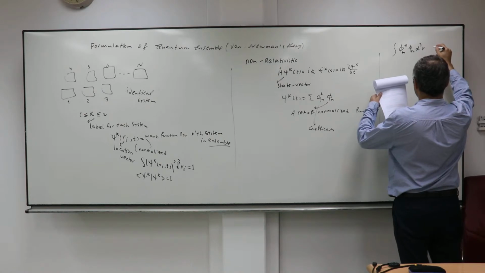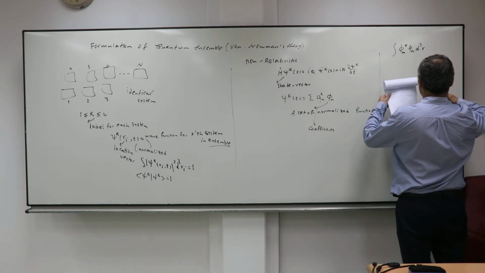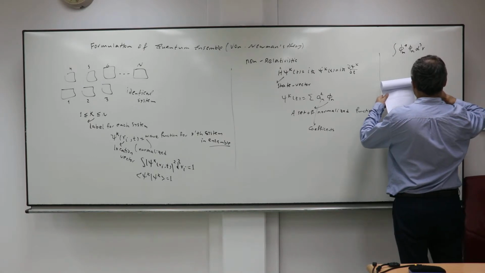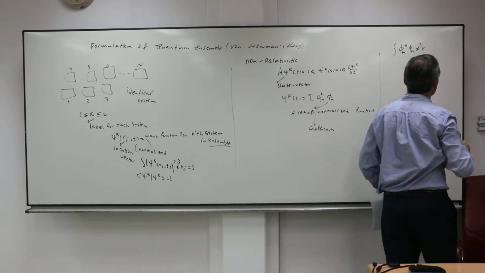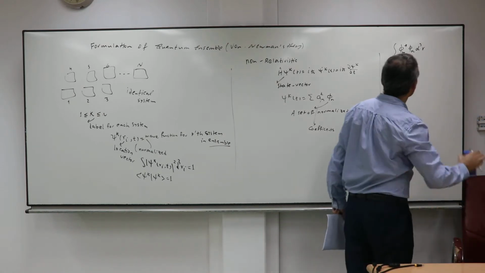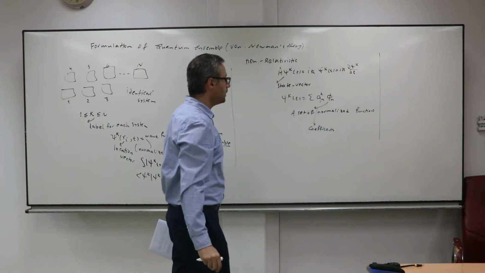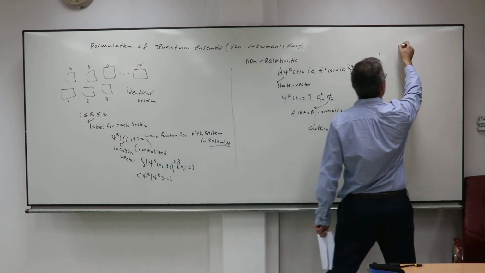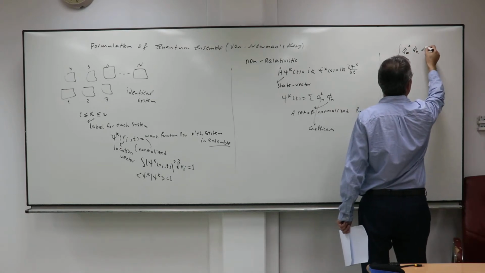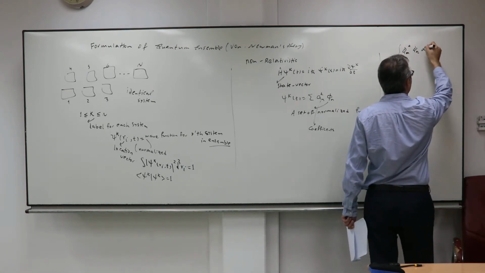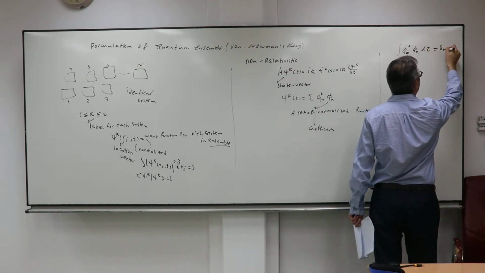So you can write the integral of phi_n star phi_m over the volume, which we denote by tau, equals delta_nm.